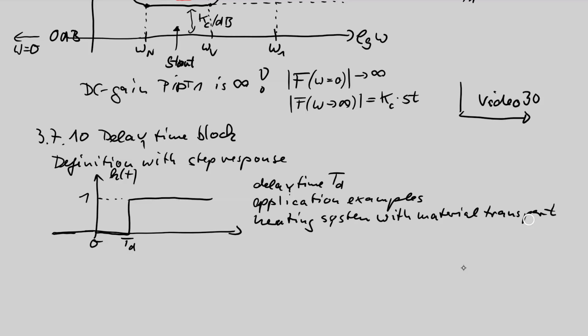Material transport is causing delays, but there is another big effect which causes delays, especially in digital systems. In digital systems, the calculation time, for example, is a delay.